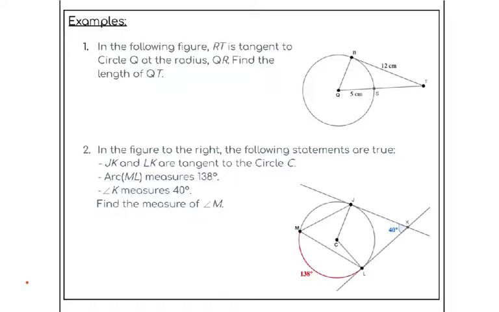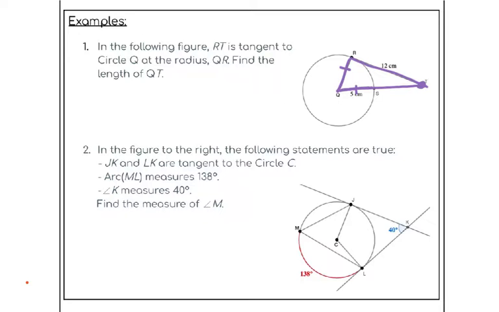For number 1, RT is tangent to circle Q at the radius QR, so QR is my radius, meaning that QR and QS are equal. They are both 5. We're looking for the length of QT. From what we just noticed, T is the vertex of our circumscribed angle.